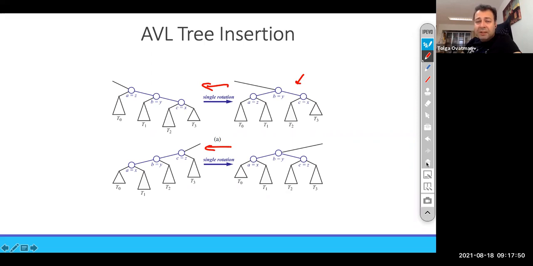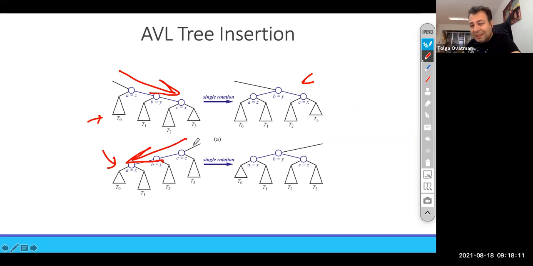You can assume that it is one of these two. So if you have this, you rotate it left and get this, because the imbalance is towards the right-hand side. And if you get this, where the imbalance is towards the left-hand side, you rotate right and get this.